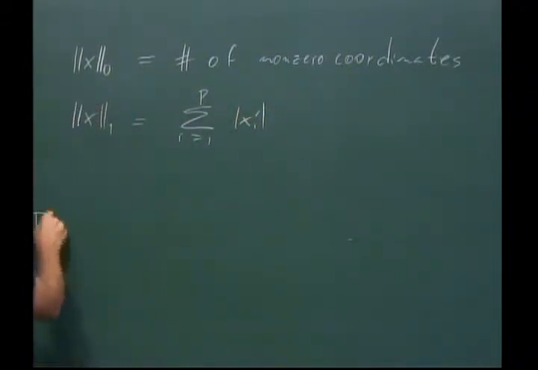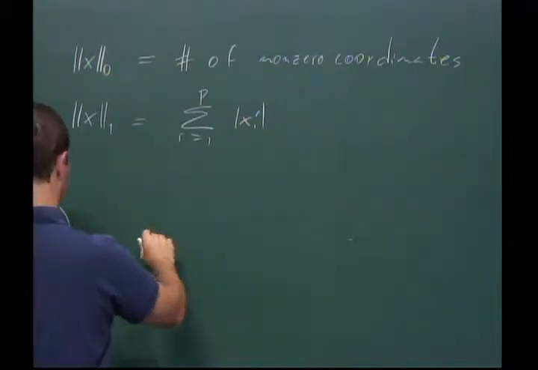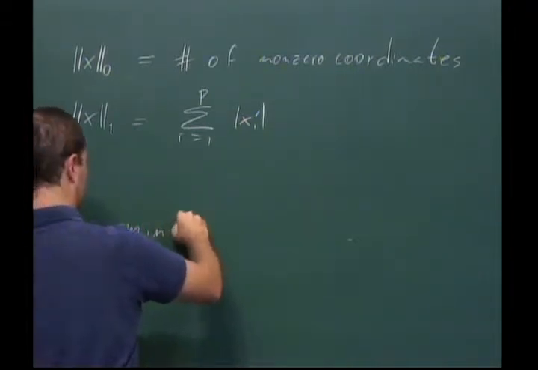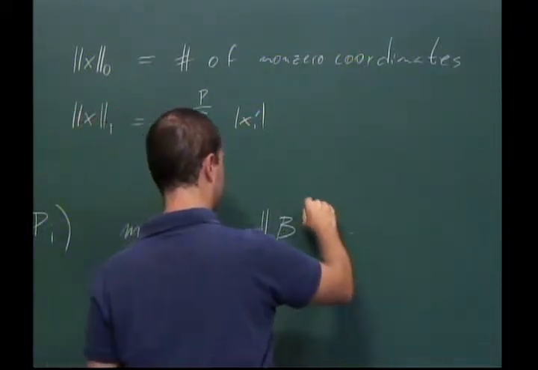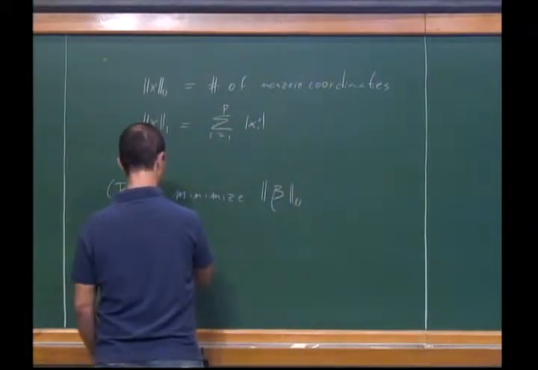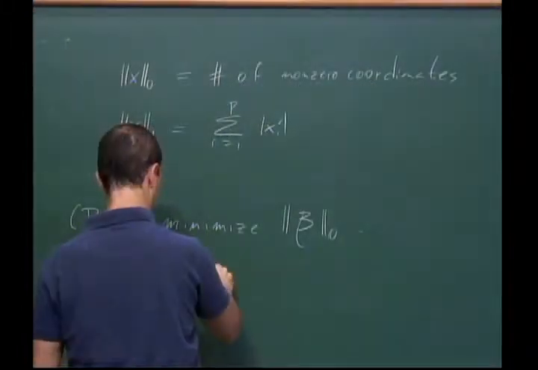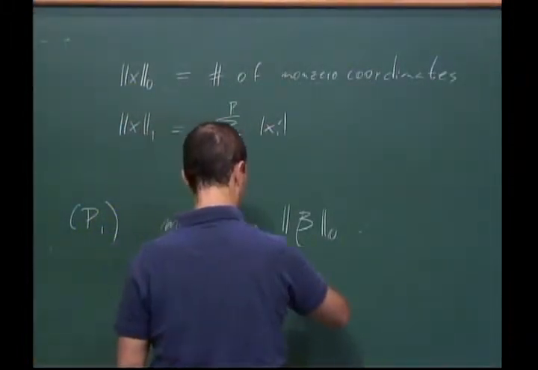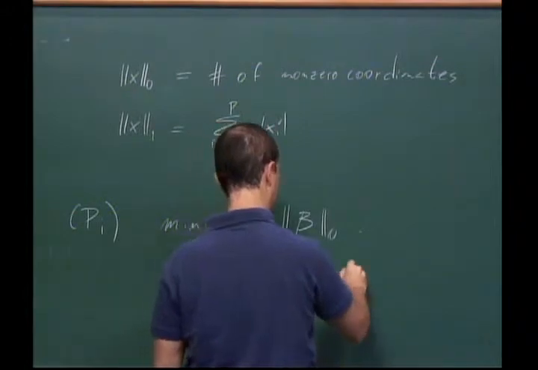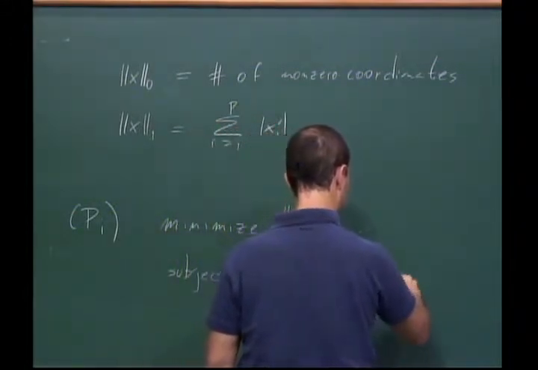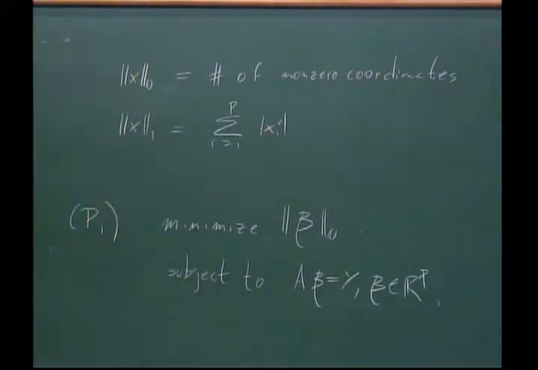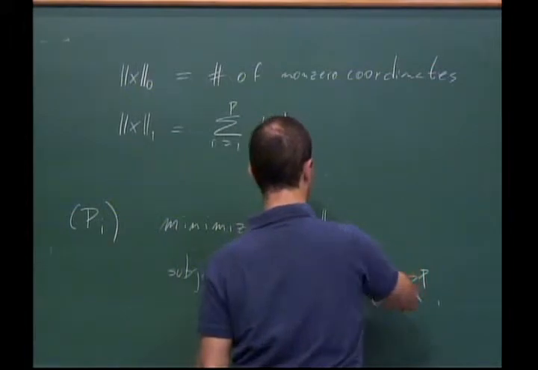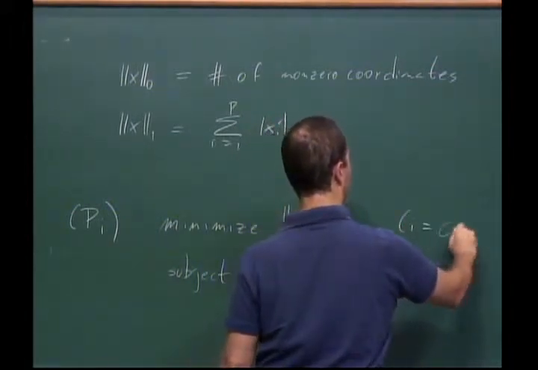And we had two problems. I'm just going to write them as a single problem. Right? So, sorry, I had P_i here. And i can be either 0 or 1.